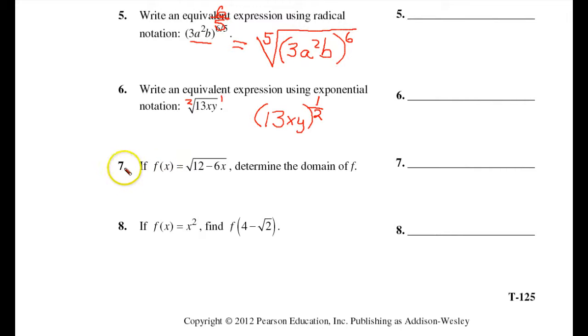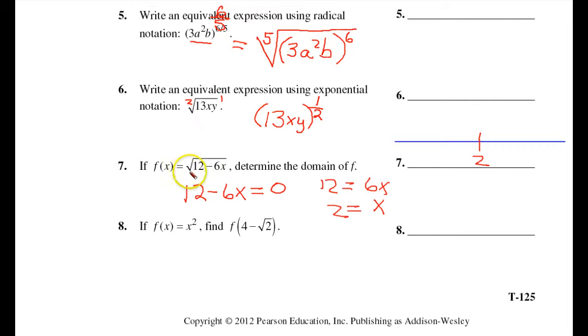All right, for number 7. Notice that this is a square root of something, and they're asking to determine the domain of this function. Well, we're looking for a real number, so remember we can't have a negative number under the radical sign.